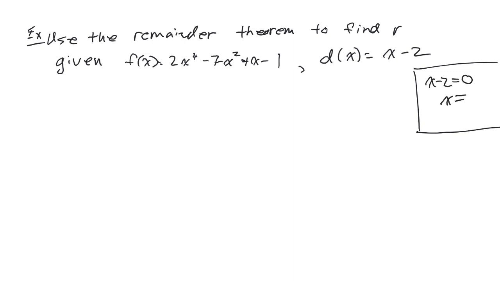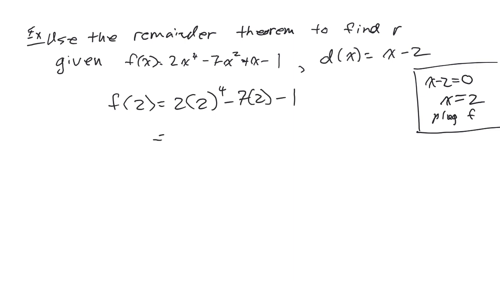You solve for x, x is 2. So now you're going to take that and plug it into f. So f(2) is equal to 2 times 2 to the 4, which is 16 times 2, 32, minus 7 times 2 squared, which is 28, plus 2 minus 1, which is 3. So f(2) is 3.